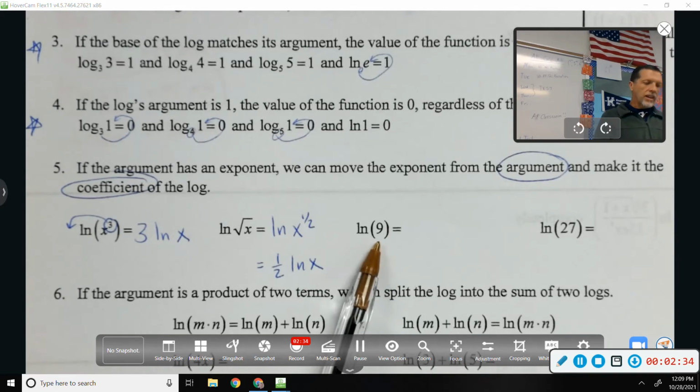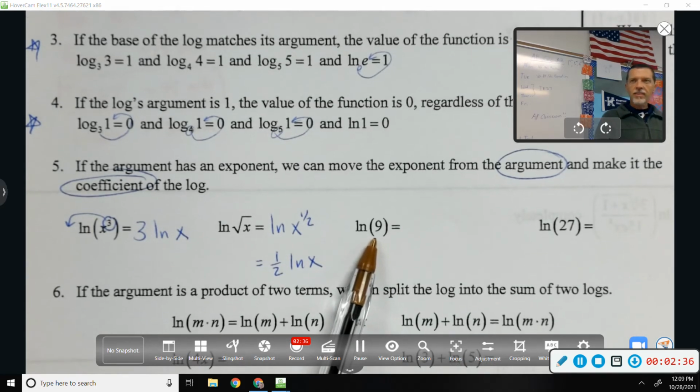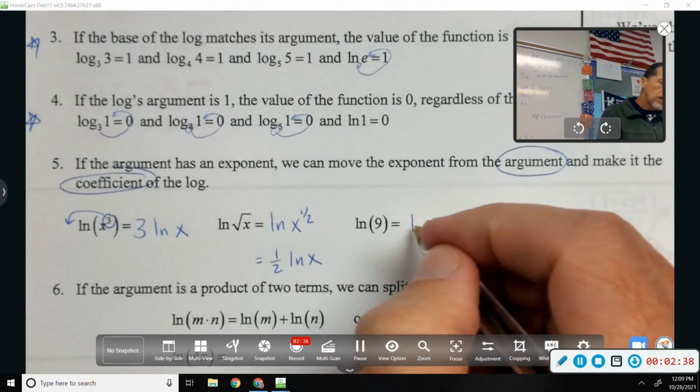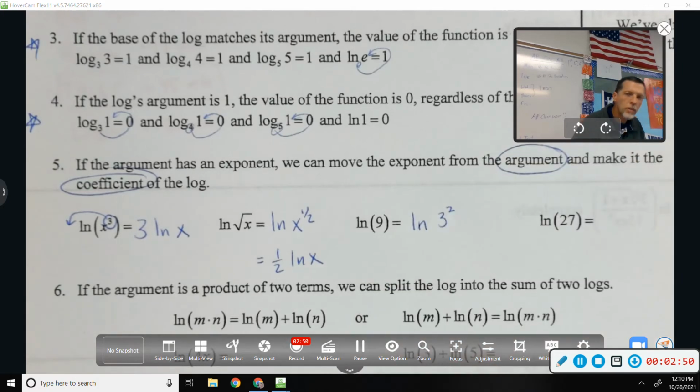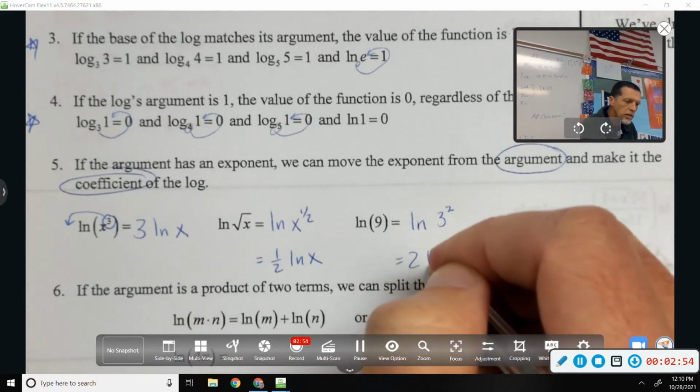Natural log of 9, that doesn't look like it has any exponent. So is there a way I could rewrite 9 as something with an exponent? So what's the same thing as 9 but written differently? 3 squared. Right, 3 squared is the same thing as 9. And then I could take that 2 and move it down front.